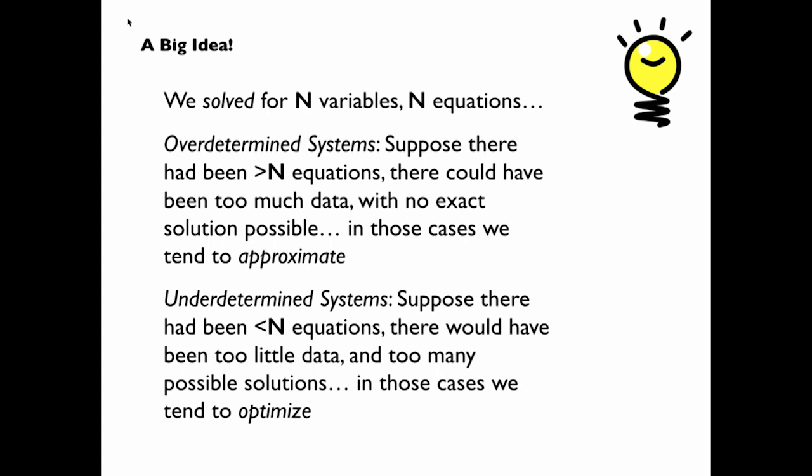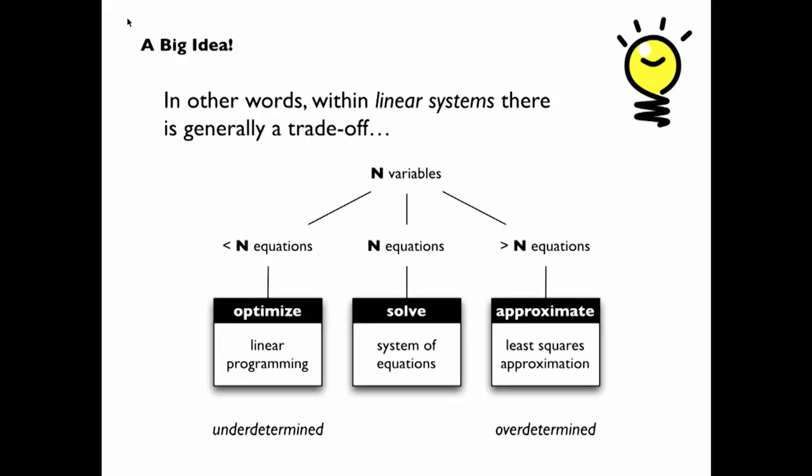Now, on the other hand, suppose that we had fewer than n equations. This is something called an underdetermined system. Essentially, there would have been too little data and consequently too many possible solutions to fit that. In those cases, we want to optimize. So a general way to look at it, if you've got n variables and fewer than n equations, you're going to be doing optimization because you've got an underdetermined system.